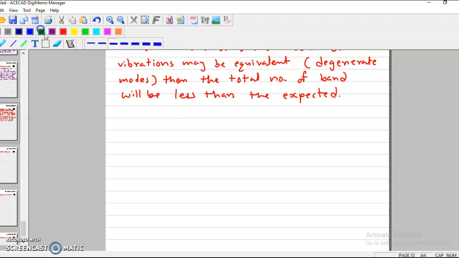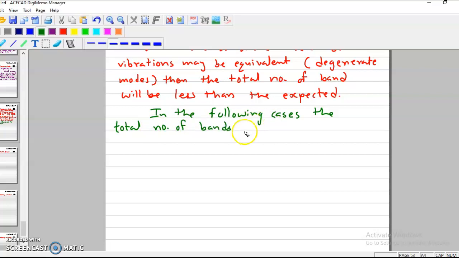Or, in the following cases, the total number of bands will be more than expected.